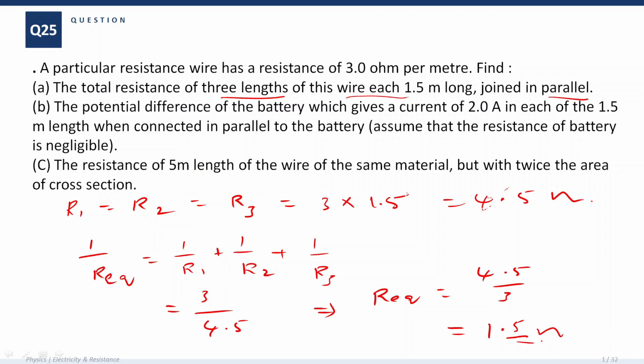Question B. The potential difference of the battery, which gives a current of 2 amperes in each of the 1.5 meter lengths when connected in parallel to a battery. Assume that the resistance of the battery is negligible. I mean, in the question there is no internal resistance. Current given 2 amperes, each of length 1.5 meter, connected in parallel to the battery.